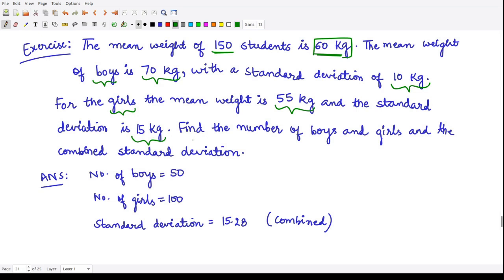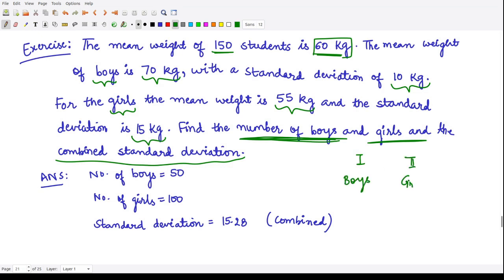Here you have to calculate how many boys are present in that particular class, the number of girls, and the combined standard deviation. Suppose our first group is boys, the second group is girls, and we have the total here.